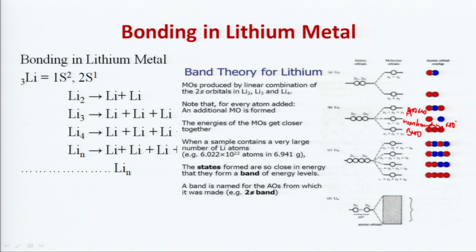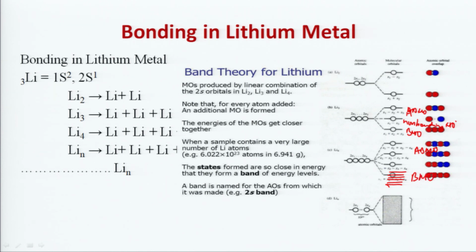In the similar manner, large number of atoms go on combining together, and therefore, a continuum of energy closely spaced. BMOs are there and the ABMOs are all vacant. Okay?